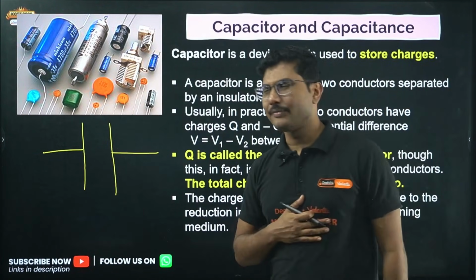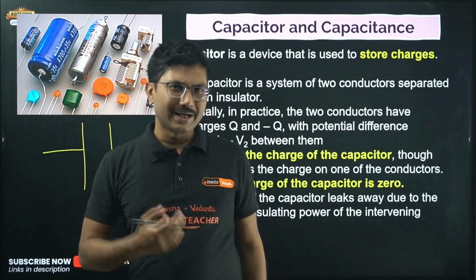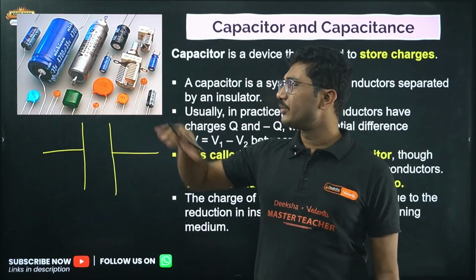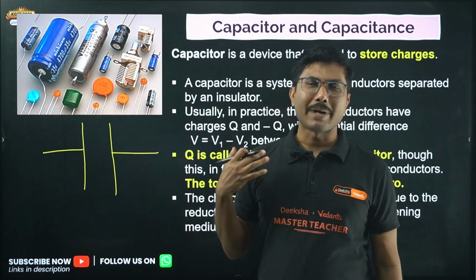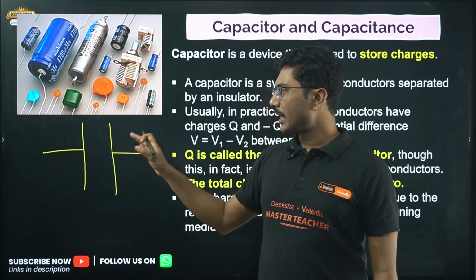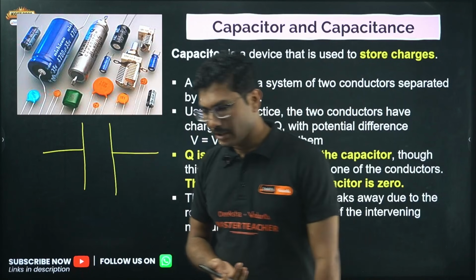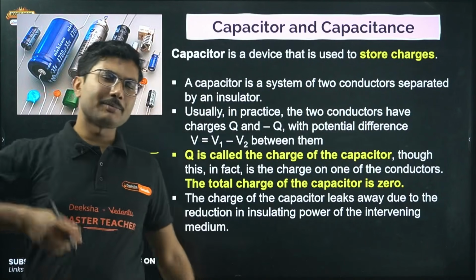But for 99.99% of our life and in future, unless you are very specific about designing certain kinds of capacitors, you will learn about parallel plate capacitor only. And the symbol is also of a parallel plate capacitor.